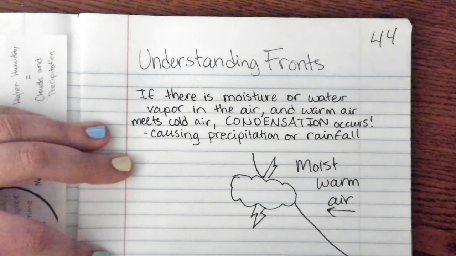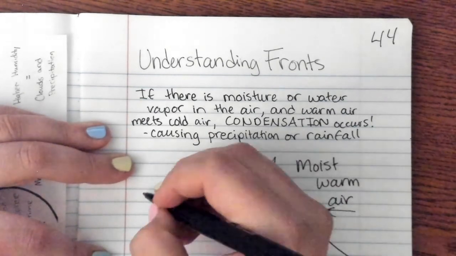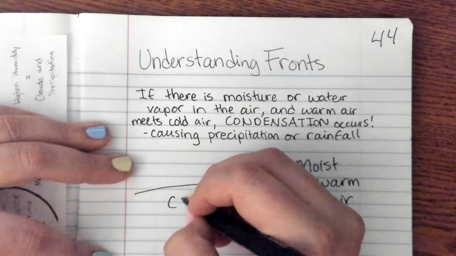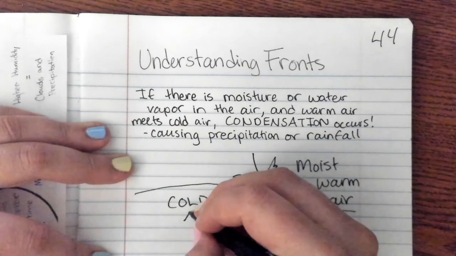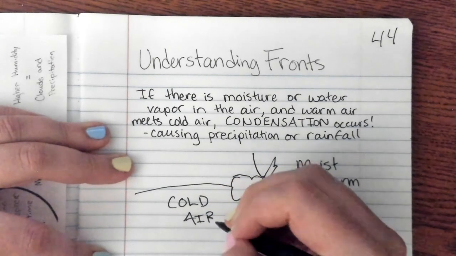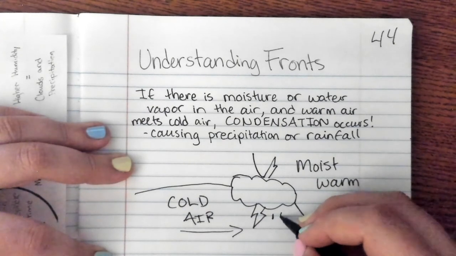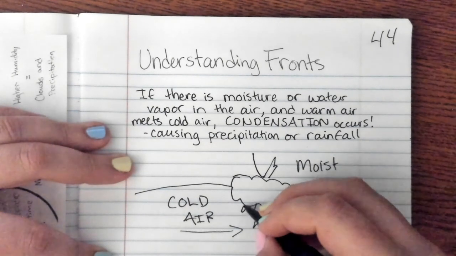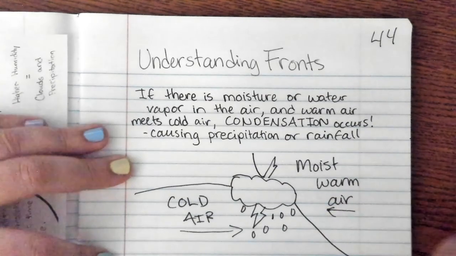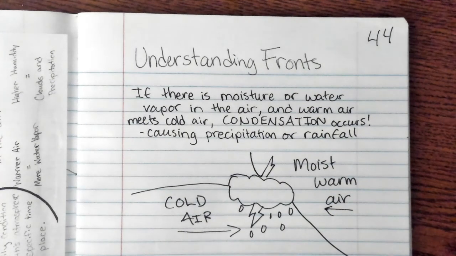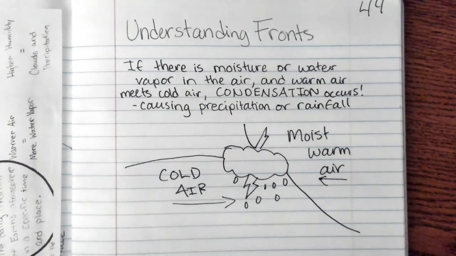Okay. Then I'm going to have another mass here. That's going to be my cold air moving in. Where they meet, I'm going to see that condensation in the form of clouds, right? Maybe storms, all depends.